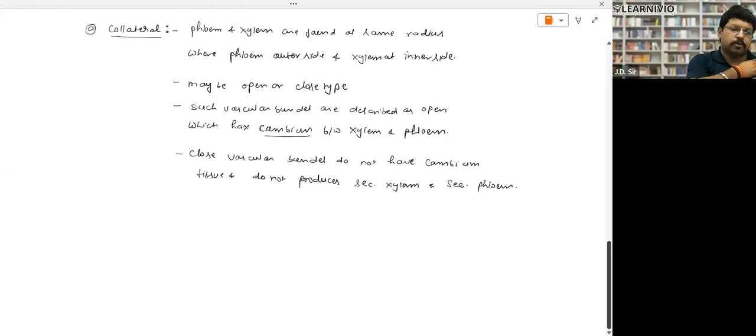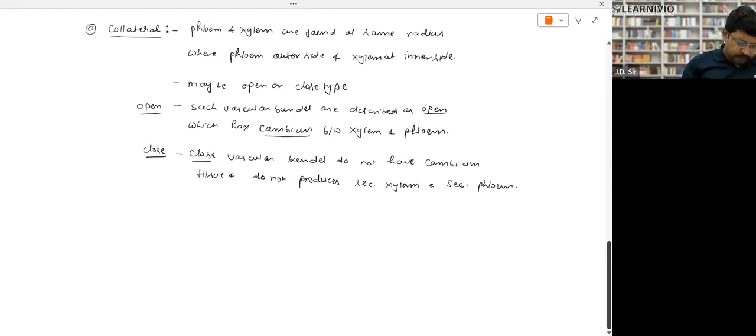Means they are not responsible for secondary growth, meaning growth in thickness. Clear or not? So open vascular bundle and closed vascular bundle, they are open type and closed type.